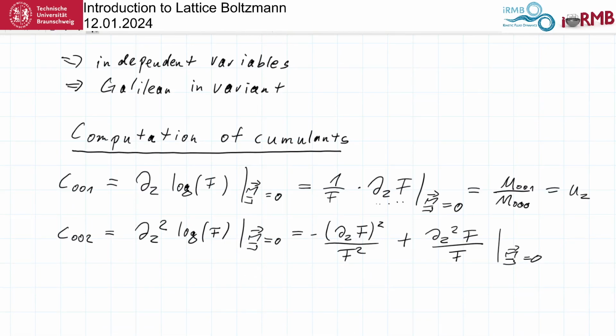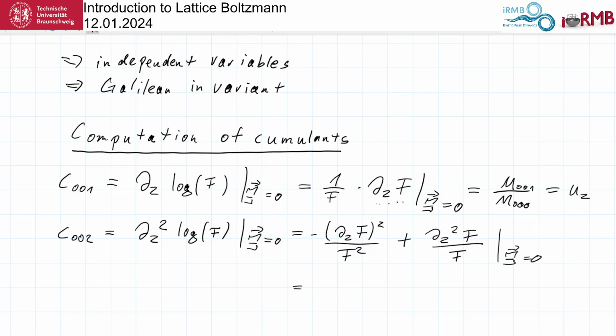So the first thing that we see here is the square of the first derivative, so it's the first moment. This will end up being u_zeta times rho squared.